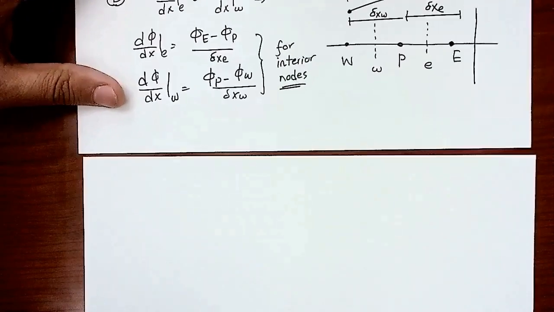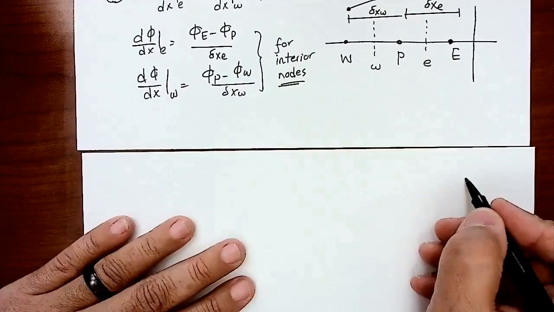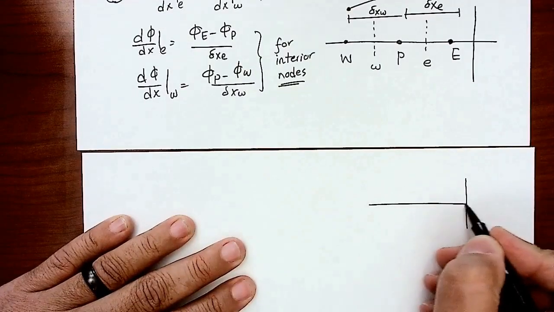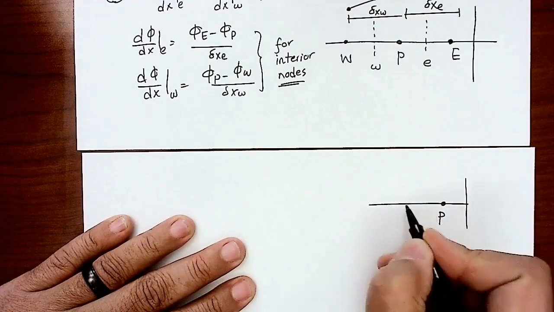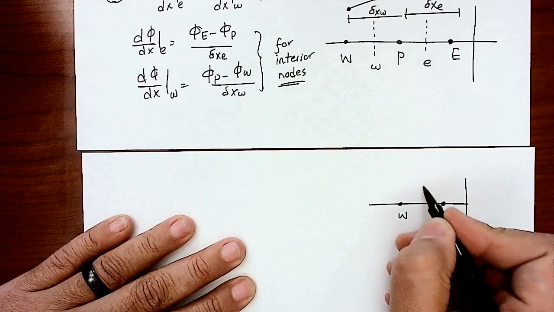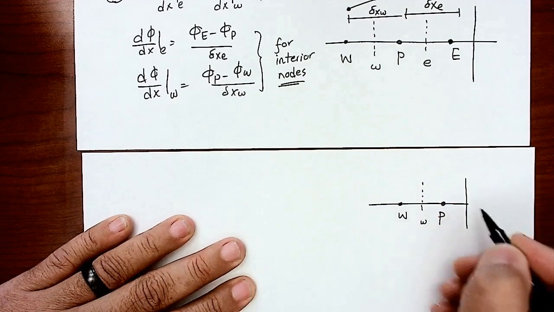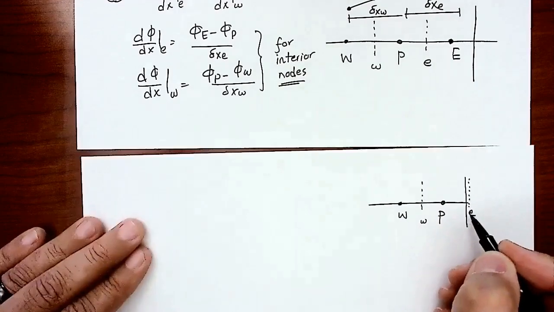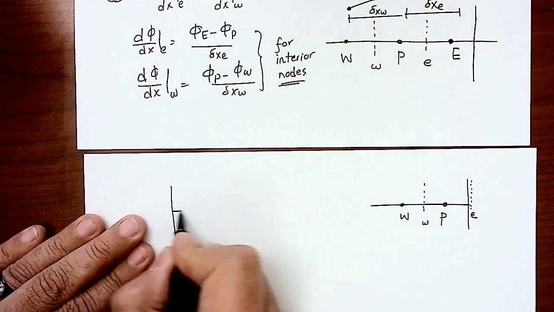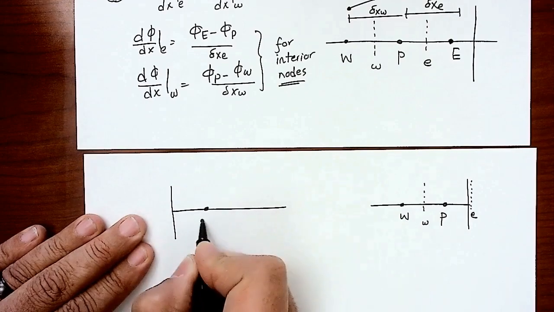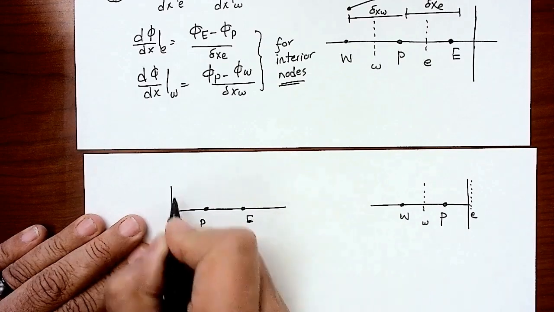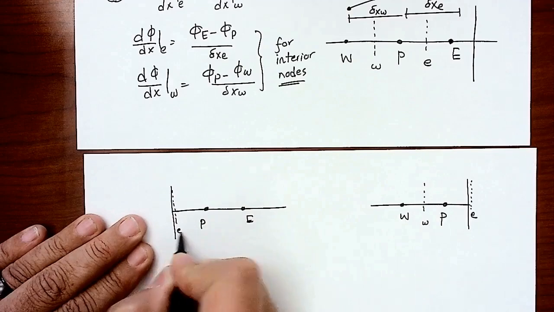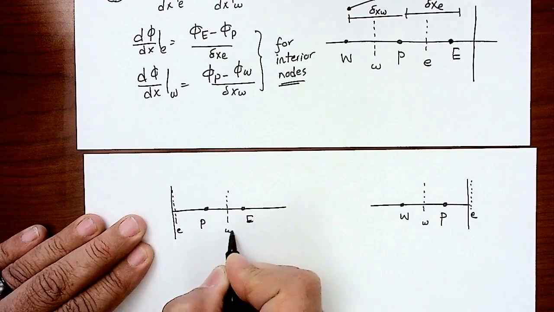But when it comes to a boundary node, let's assume that we have a boundary here, and this is my P point. I have the west here. This is my west face, and this will be my east face over that boundary. Or if we look into a left boundary node, this is going to be your P, this is going to be my east. The east face will be here, and the west face will be here.